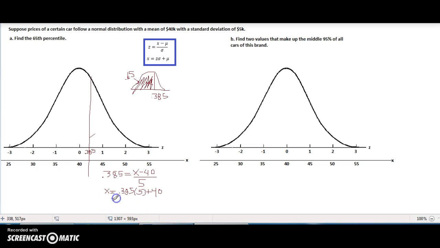If we calculate that out, we get 41.925.